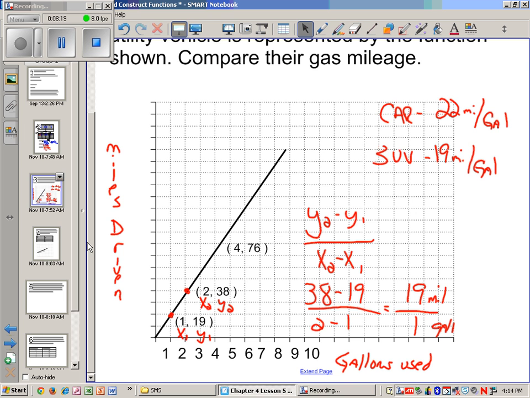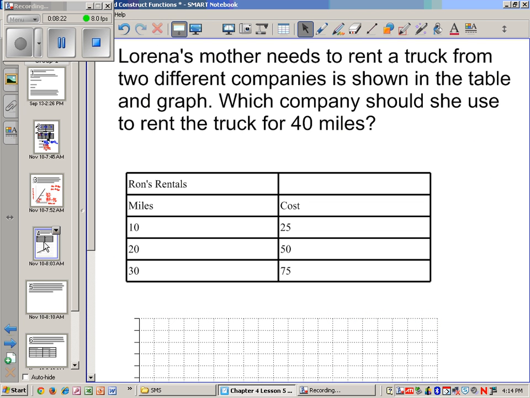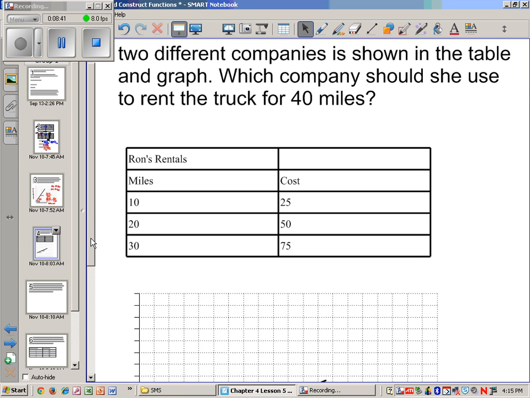Okay, let's move on to our third example. Here we have Lorena's mother, who needs to rent a truck from 2 different companies. It's shown in the table and graph. Now we're comparing a table and a graph. Which company should she use to rent the truck for 40 miles? Once again, we're going to look for a per unit cost and then multiply it by what we need, which is 40 miles.